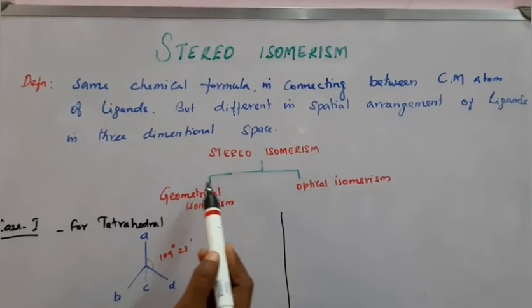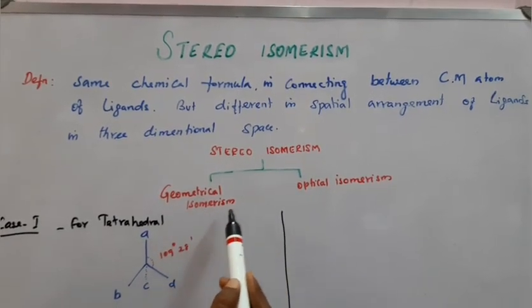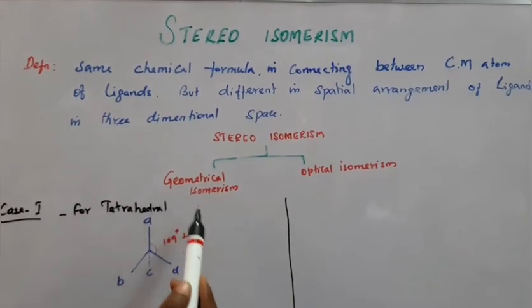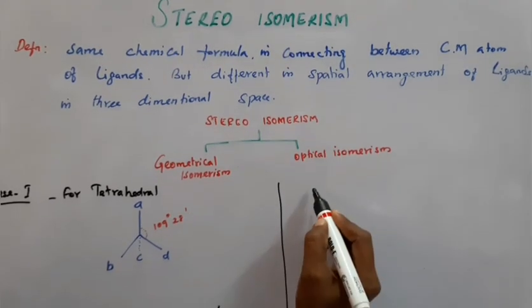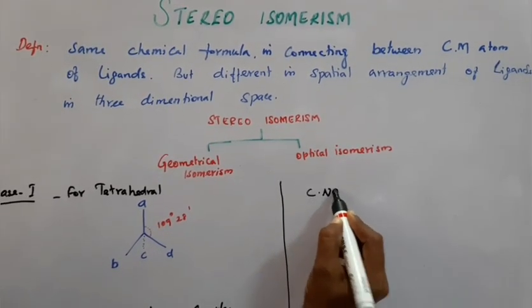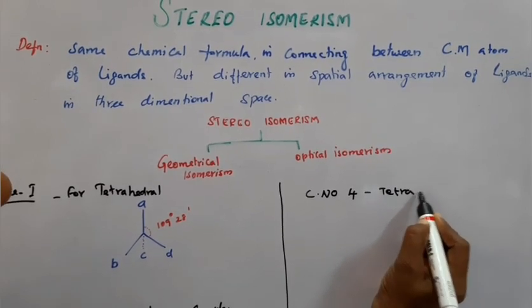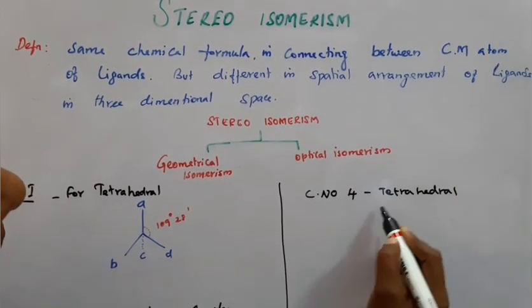Stereoisomerism is classified into geometrical isomerism and optical isomerism. For geometrical isomerism, suppose coordination number 4, so it would be tetrahedral or square planar.